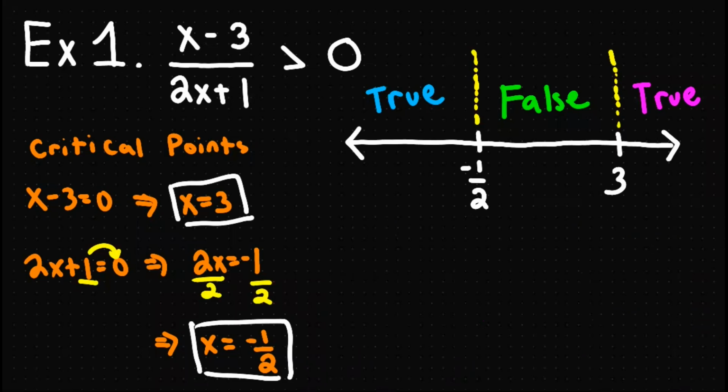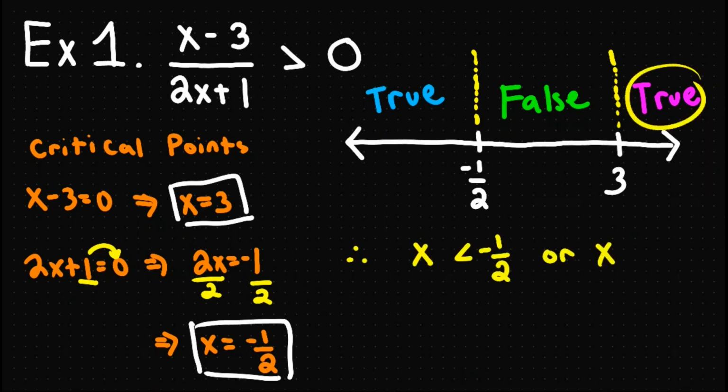Therefore, in conclusion, we know that we'll have x, this region out here, x is less than negative 1/2, or x is greater than 3.